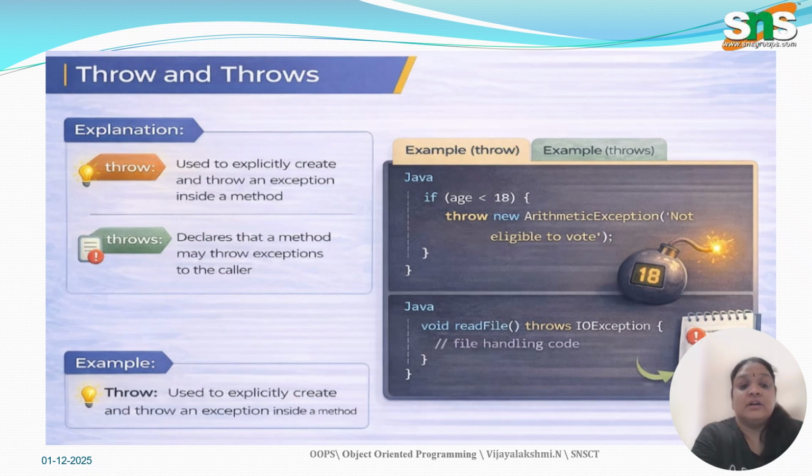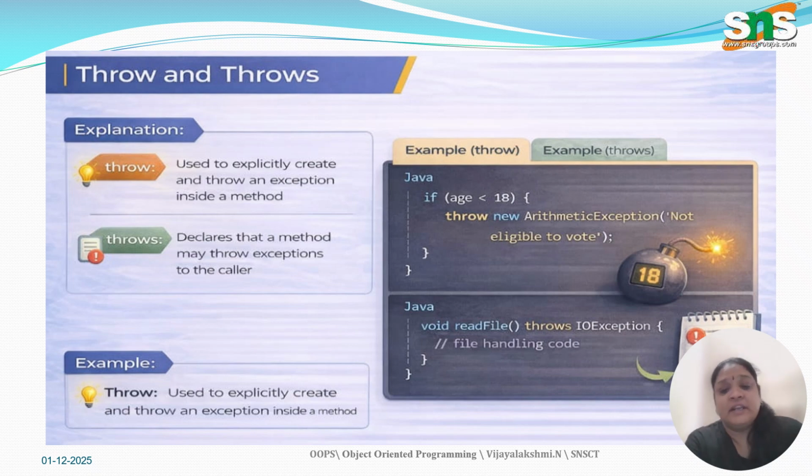What is throw and throws? Throw is used to explicitly create and throw an exception inside a method, and throws declares that a method may throw exception to the caller. Say, for example, if you have a condition here, if age is less than 18, you're just throwing an exception, an arithmetic exception, which says not eligible to vote.